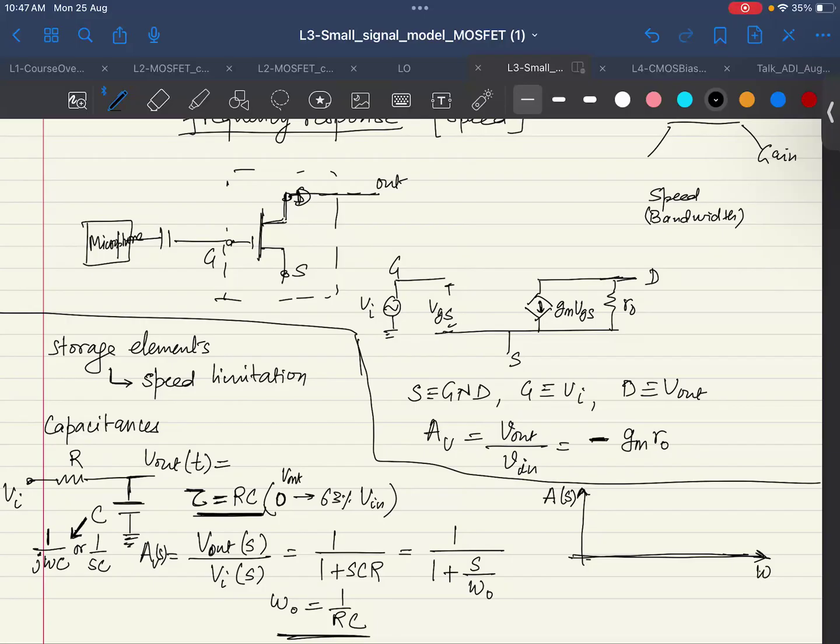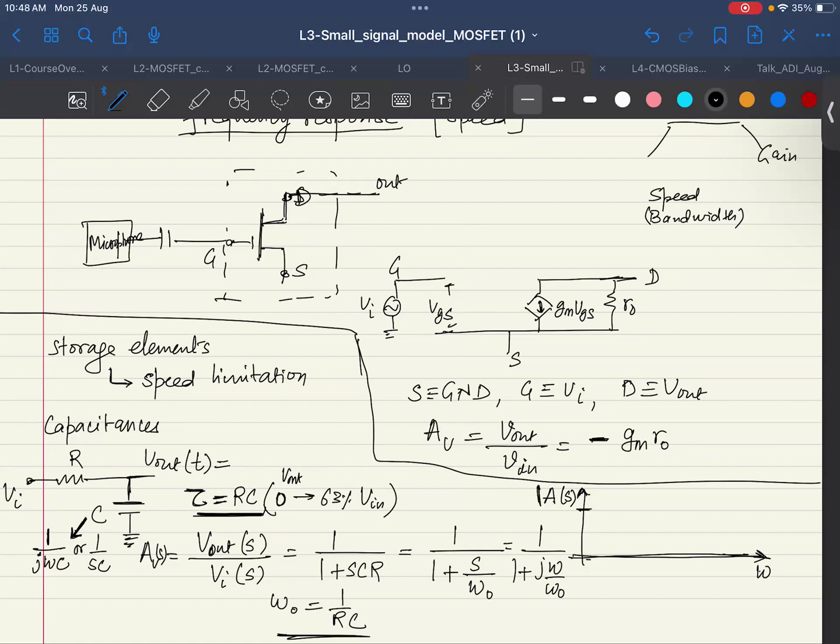And what do you see here? When omega is very small, if I write this in terms of omega, this would be 1 upon j omega by omega naught, right? So we see that when omega is very small, the gain with this term basically disappears. The gain is 1, right?